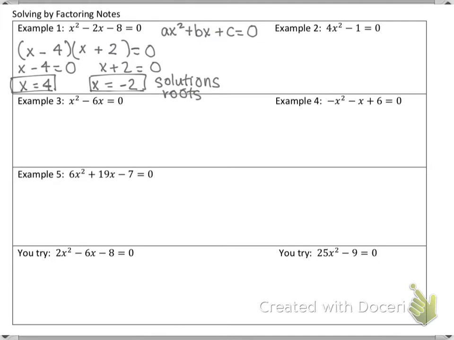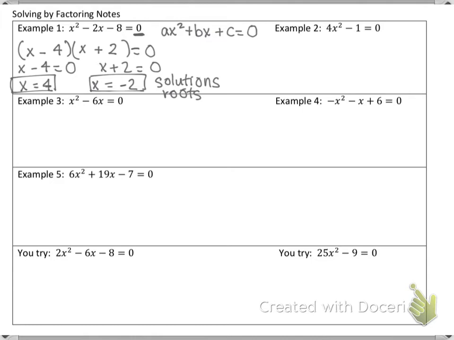What would they tell us about the graph? They would tell us when the graph has x-intercepts or where the graph has zeros. So these answers kind of have four names. If we're solving an equation, which is what we have when our equation is equal to 0, these things are called solutions or roots.